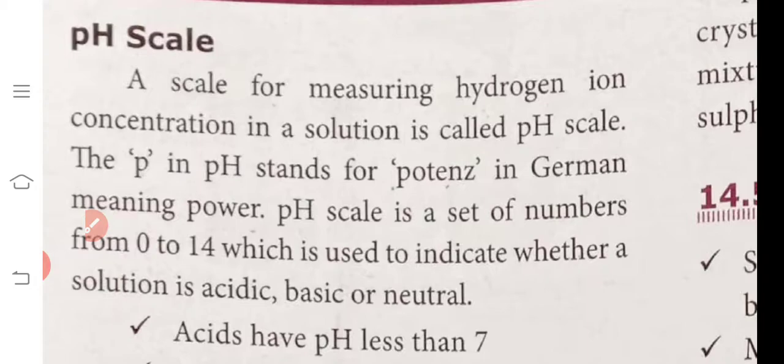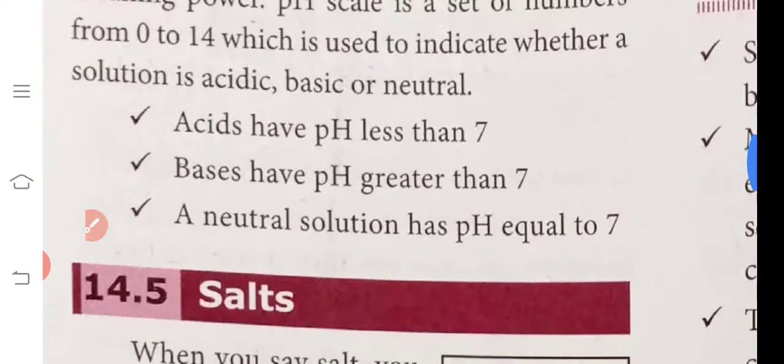The pH scale is a set of numbers. On the scale, numbers 0 to 14 are present. 0 to 14 is used to indicate whether the solution is acidic, basic or neutral. Acids have pH less than 7.